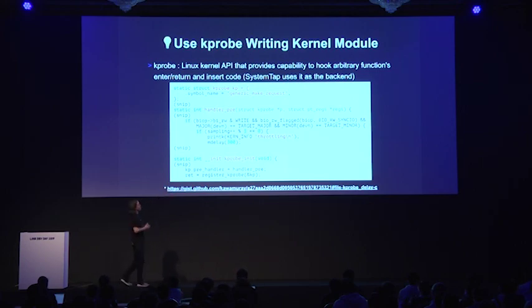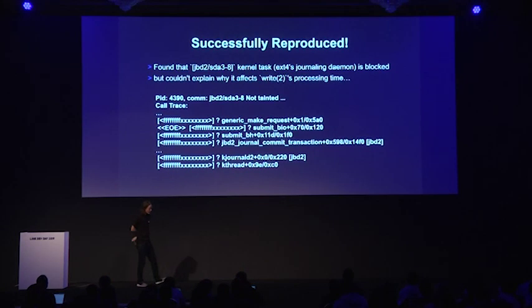This is the actual module code. Looking from the top, you see the generic make request function. For that, we registered a hook on kprobe KP. The I/O request that is about to be issued, we look at the flag, we sample, and we insert a 3-second delay.